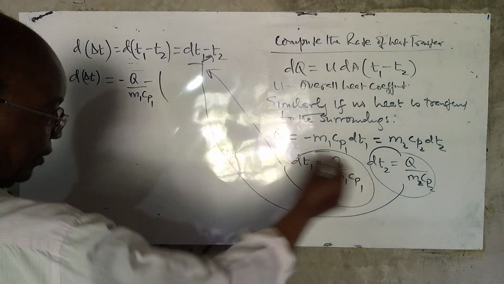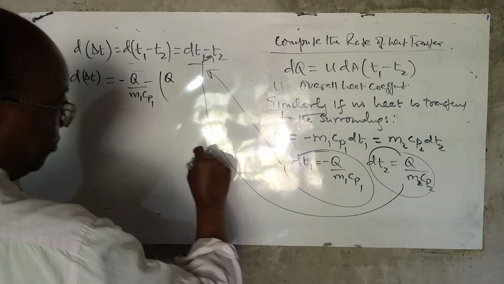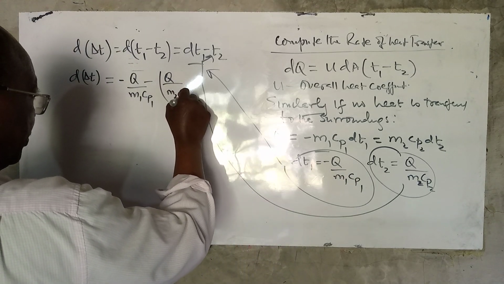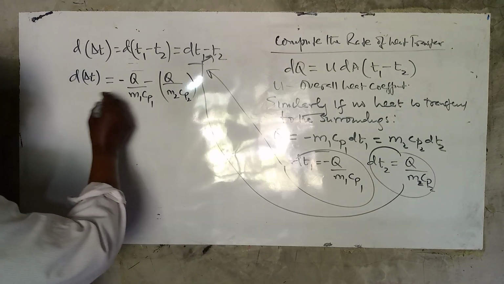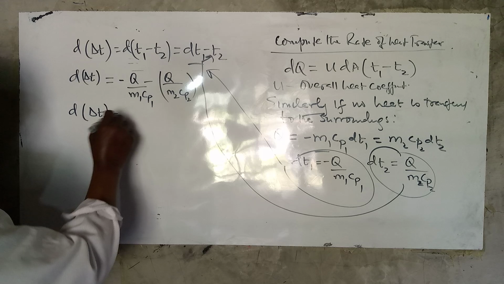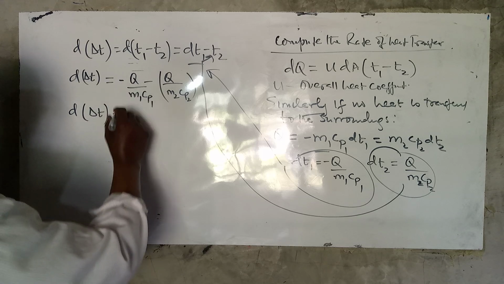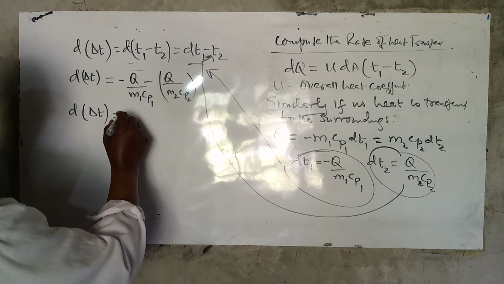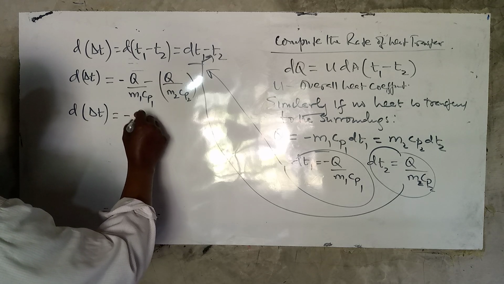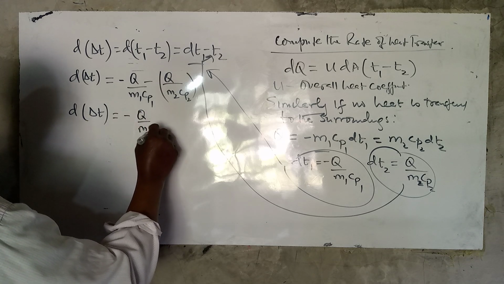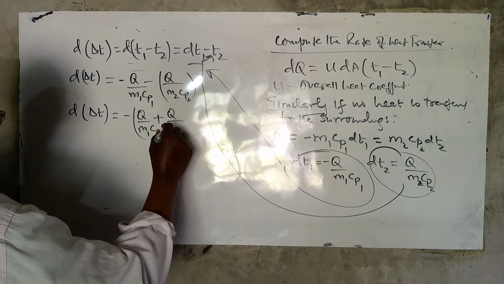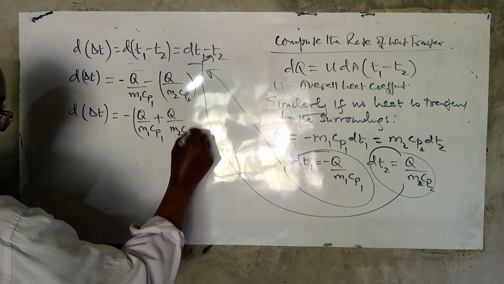minus Q over M2 CP2. So this basically is d delta T will therefore be minus Q over M1 CP1 plus Q over M2 CP2.